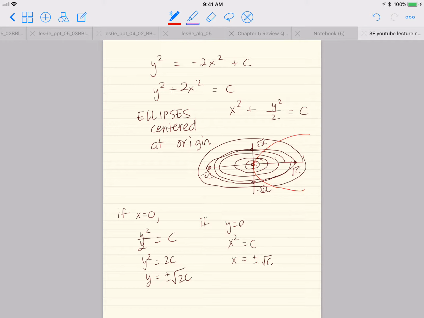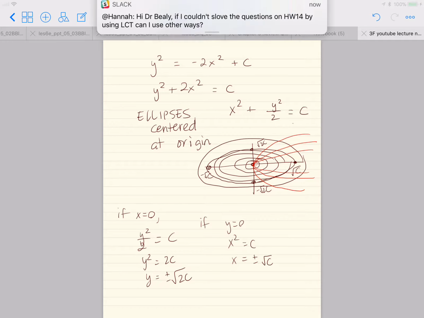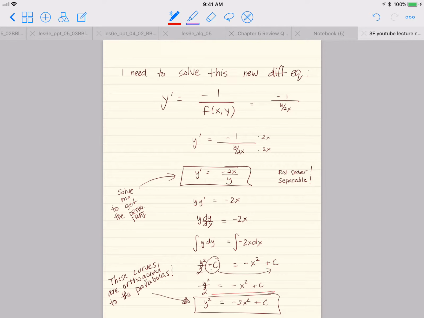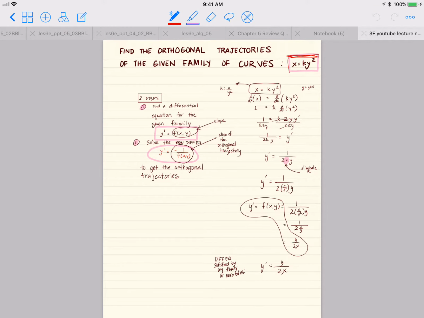So we were drawing our parabolas from before, parabolas with the vertex at 0, 0. Okay, and for fun, you can use Mathematica to draw your ellipses and your parabolas and verify that the families are orthogonal.